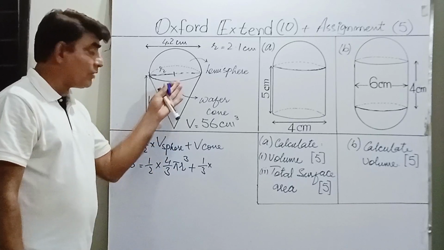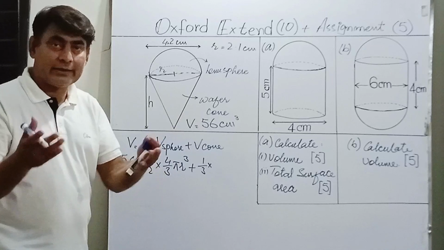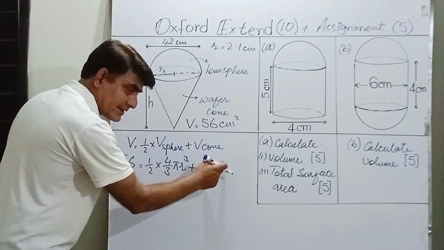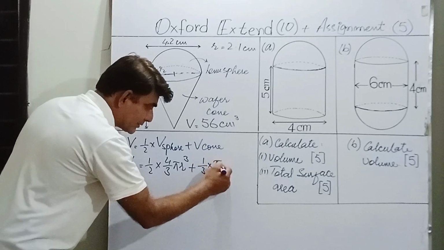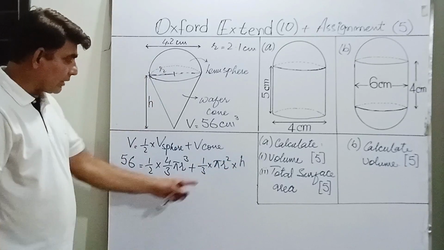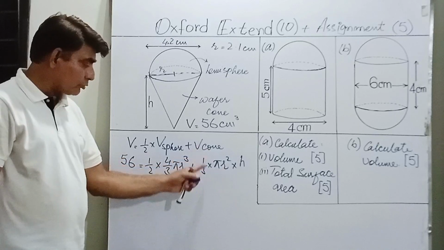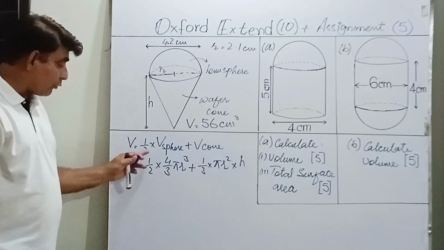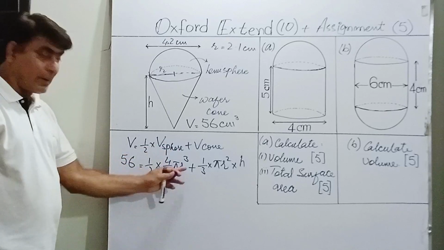So the base area of a cone is a circle and the area of a circle is pi r square. So 1/3 times the base area, that is pi r square, times height. This is the volume of cone, 1 upon 3 times pi r square times height. And the volume of sphere is 4 upon 3 pi r cube.